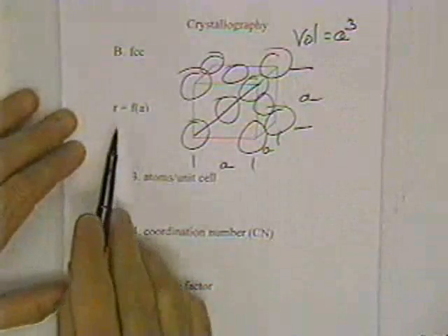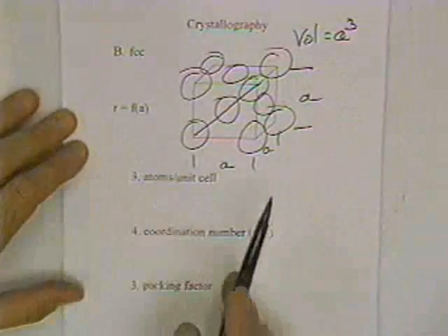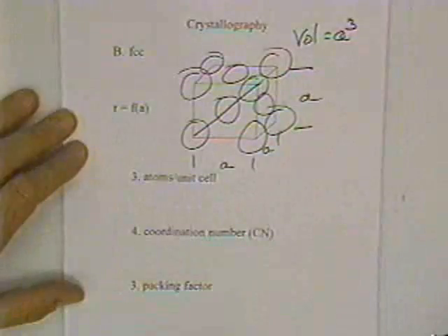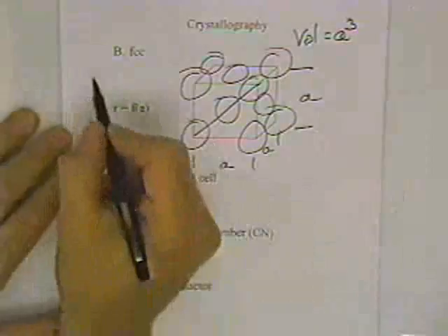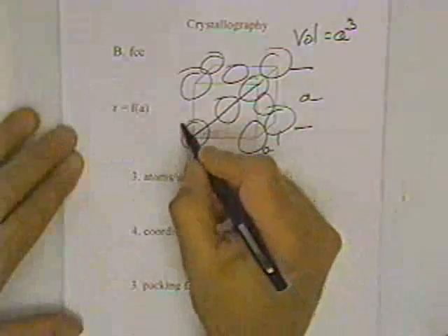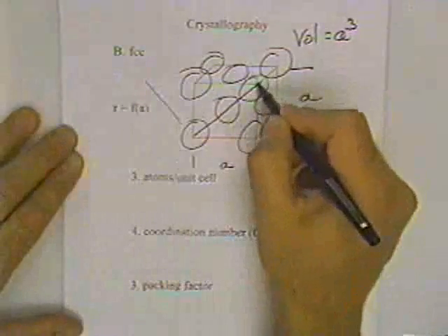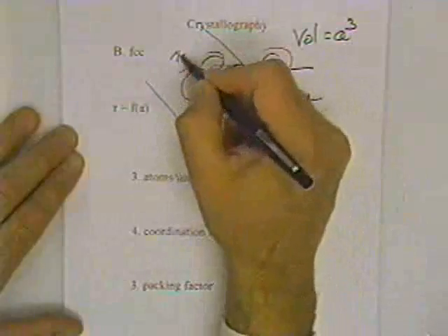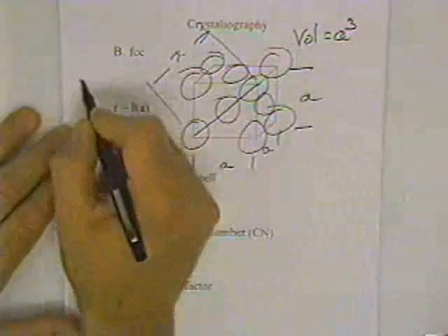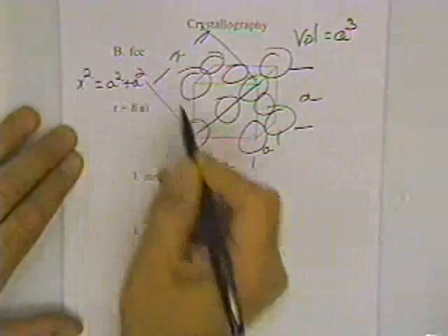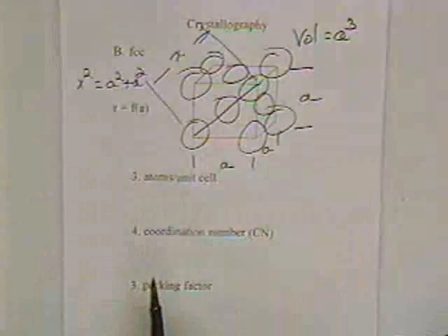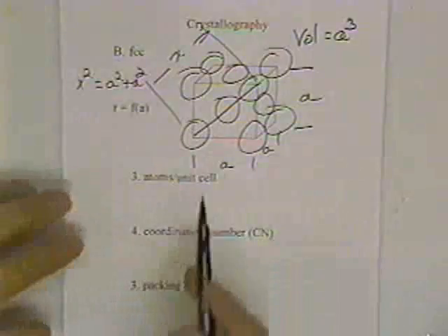And we can determine the radius of the atoms, again using the assumption that the hard sphere model works. This time it's a little bit easier. We can say, if we call this distance x now, x squared is equal to a squared plus a squared, because we're using the face diagonal rather than the cube diagonal.